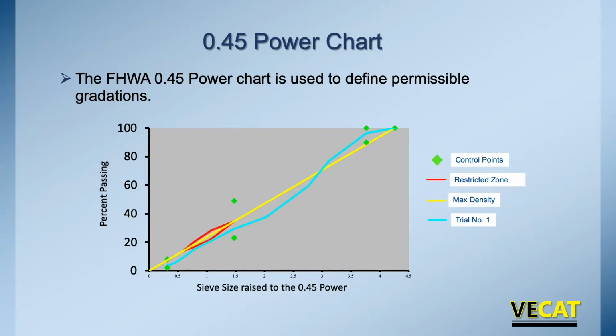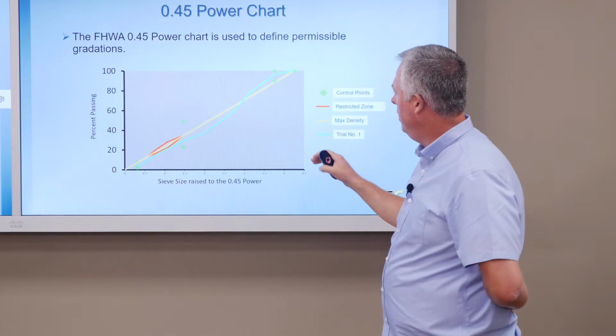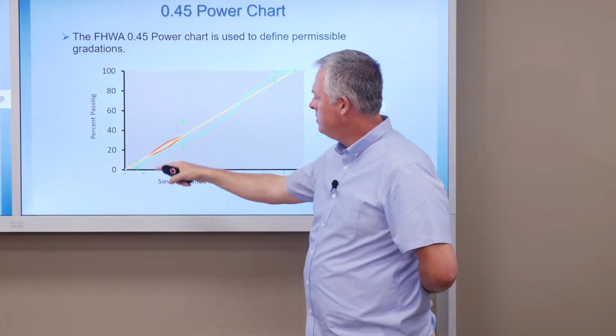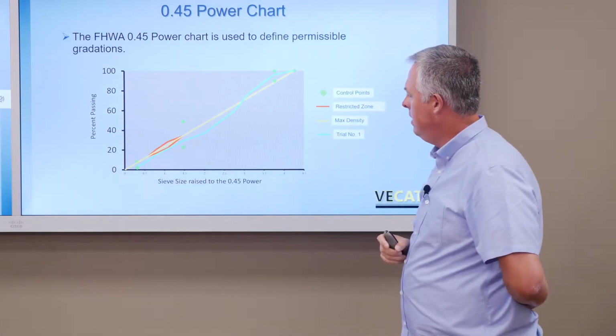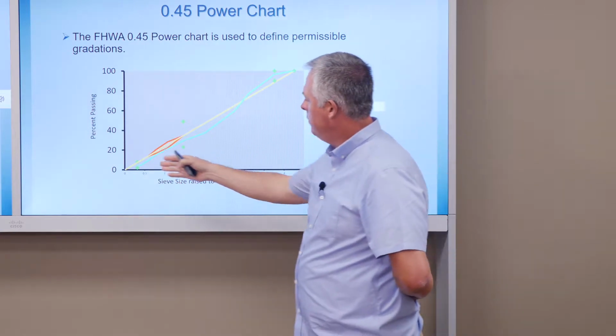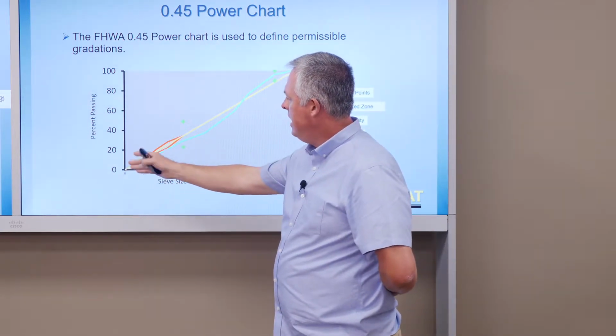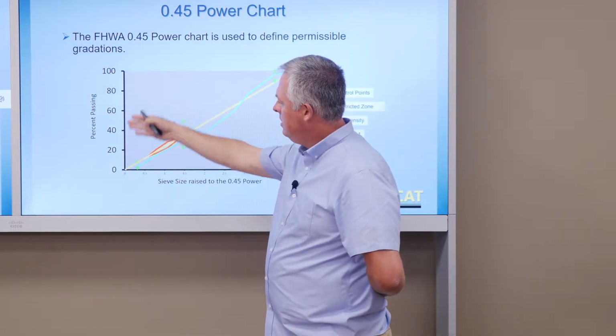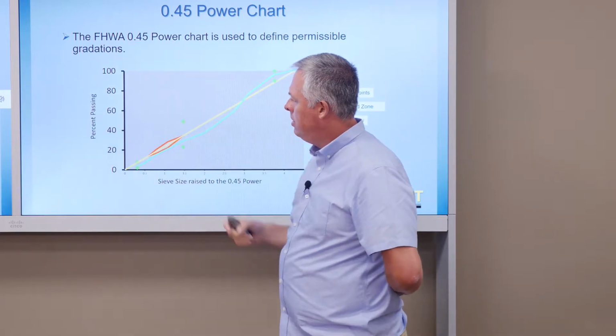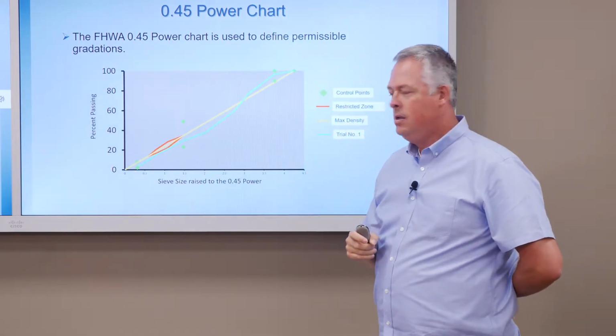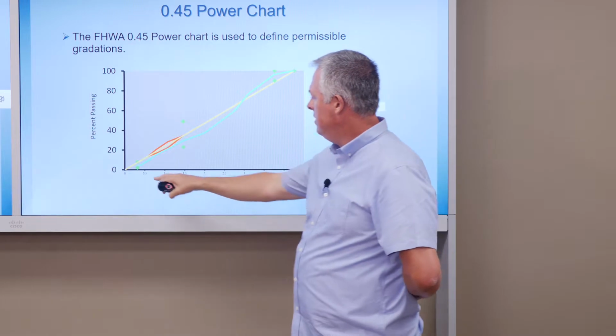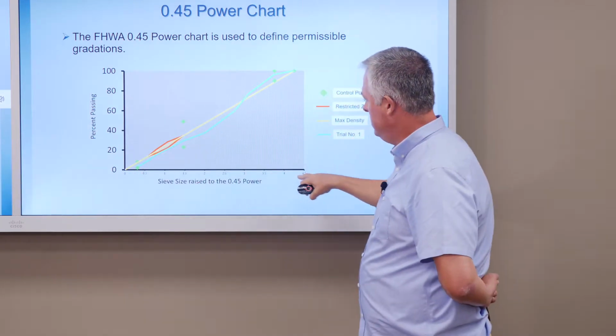We're going to talk a lot about this. This chart is basically a plot of your gradations on a graph. This yellow line is called your maximum density line. This axis here, running from 0 to 100, is your percent passing on your gradation, and this axis represents your sieves.